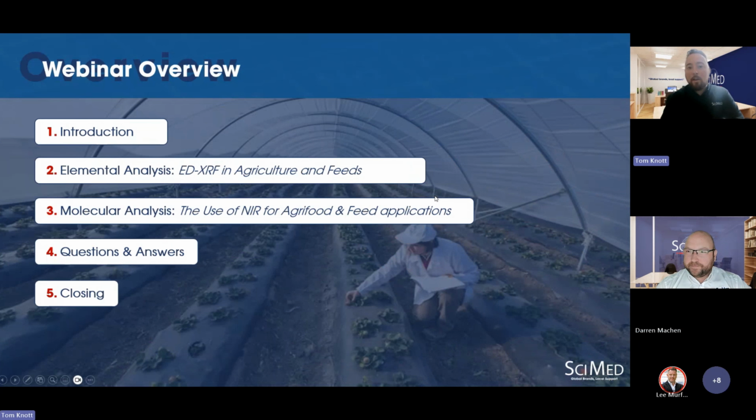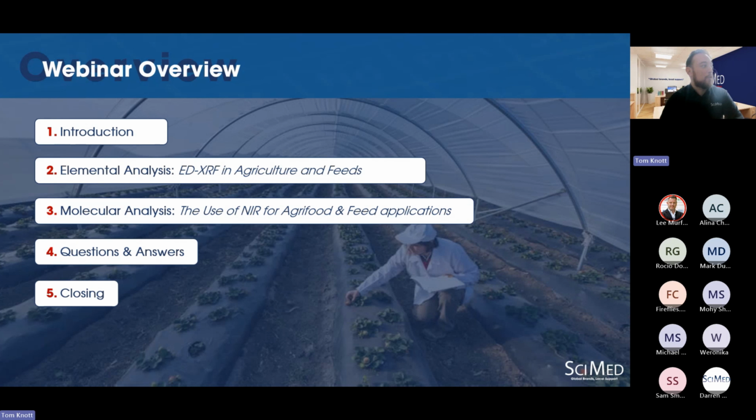The structure we plan will be as follows. After this brief introduction, I will begin by giving everyone here an overview of the elemental analysis approach, primarily with a focus on EDXRF, which is emerging as a useful tool in this sector and also as a useful alternative or complement to other conventional elemental analysis tools that some of you may be familiar with.